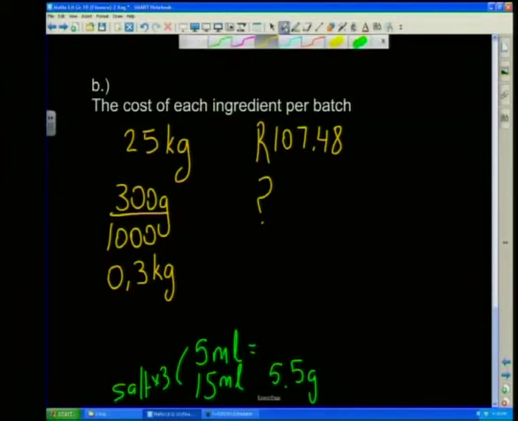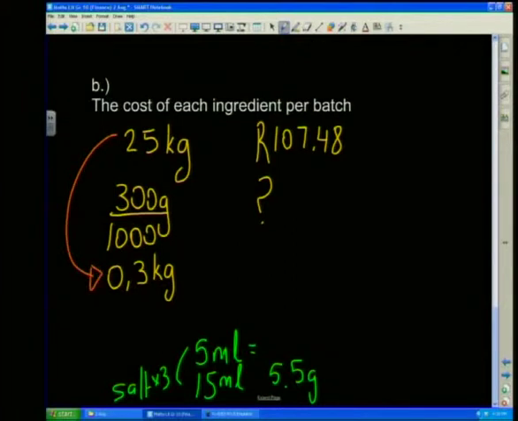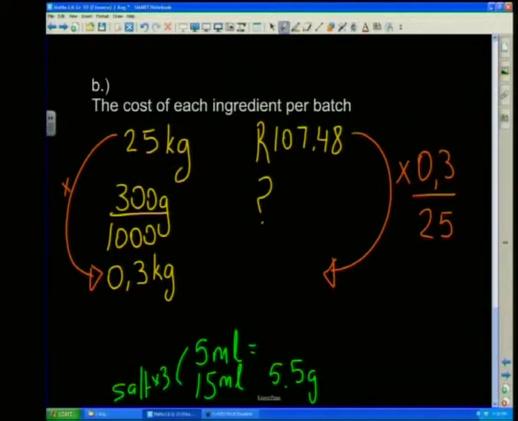Now I need to check, what do I do to 25 to get 0.3? I need to do the same thing here. And remember, I've always said to you, multiply by the reverse. Multiply by 0.3 over 25. So multiply by the second number over the first number.